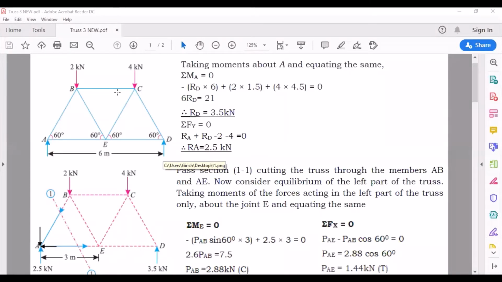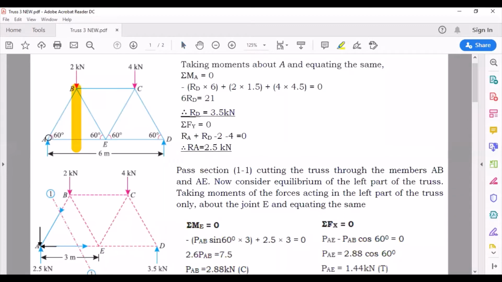Similarly, you have a 2 kilonewton force which is vertical again. So the distance to be multiplied is horizontal. Now the line of action of this 2 kilonewton is vertical, so the distance multiplied will be horizontal.